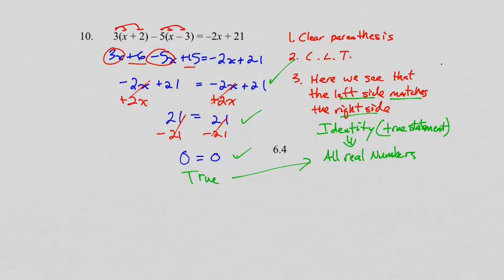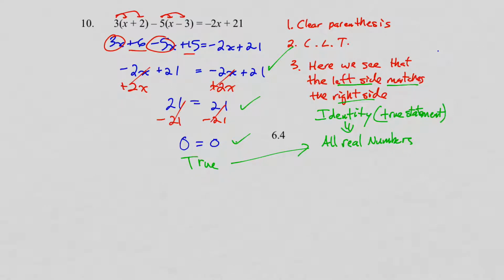Okay, so this brings us to how we did number 9 in class, where we got a false statement, and that was no solution. So we have the following scenario. If we get a true statement, that will produce all real numbers.